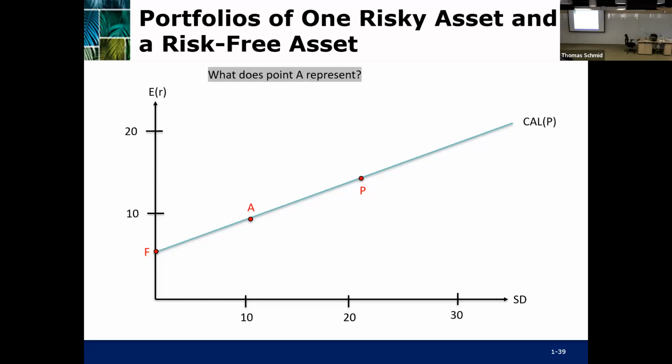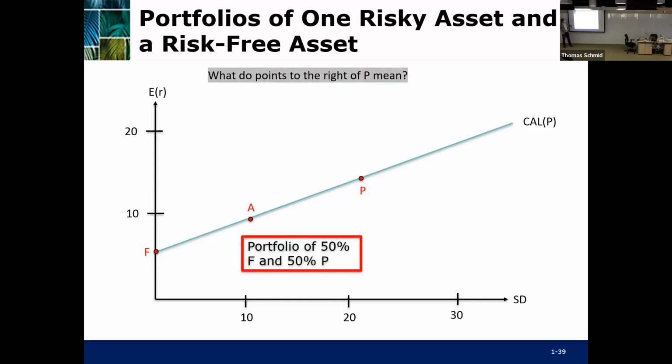Well, just any portfolio, approximately half F, half P. And because this world is relatively simple, we have a linear relationship for risk and for return. I mean, everything is on a straight line, so things are relatively simple, right? Good, so this would be approximately a portfolio that consists of half F and half P.